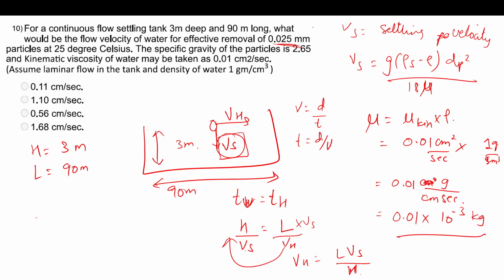Then 1 centimeter is equal to 10 to the power minus 2 meter, and let's keep second as it is. So it will come to 0.001 kg per meter second. This is in SI unit, which is mu.